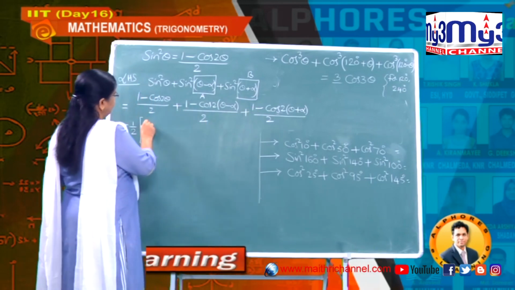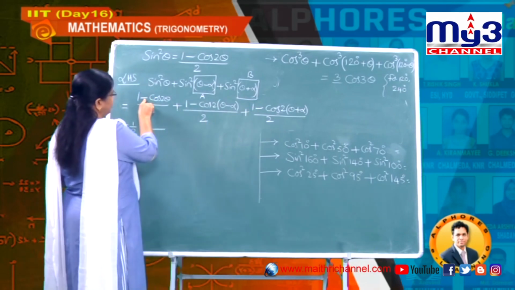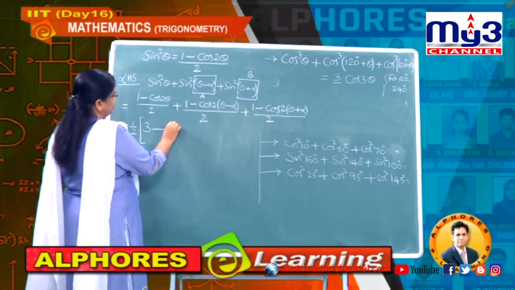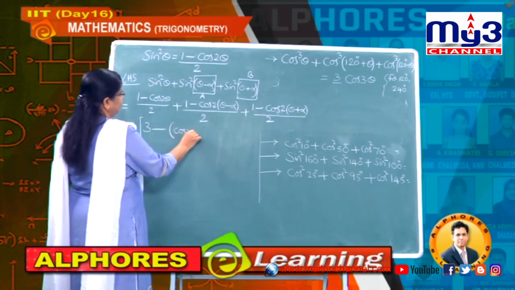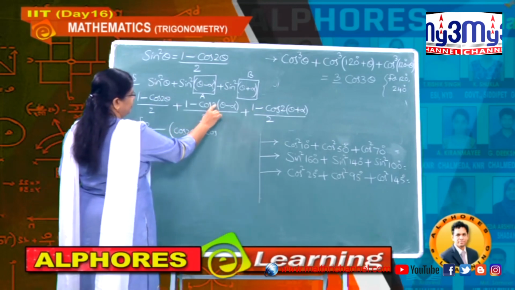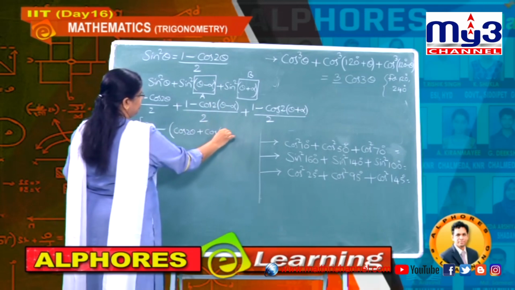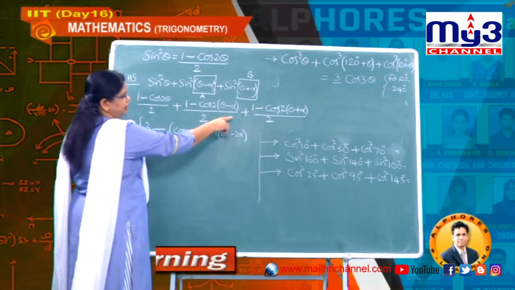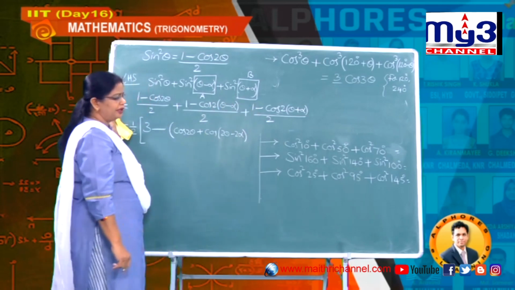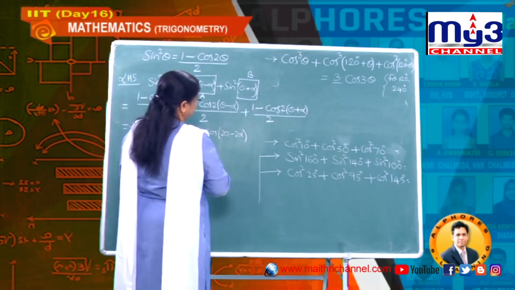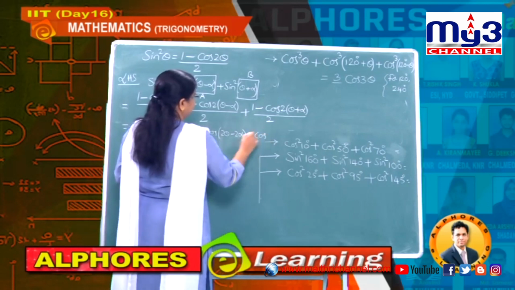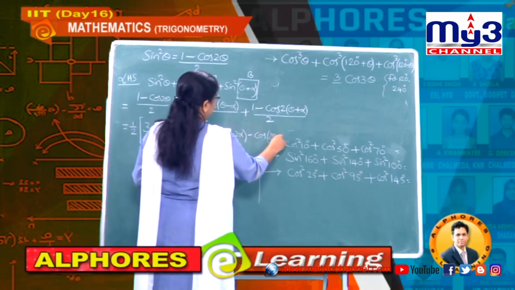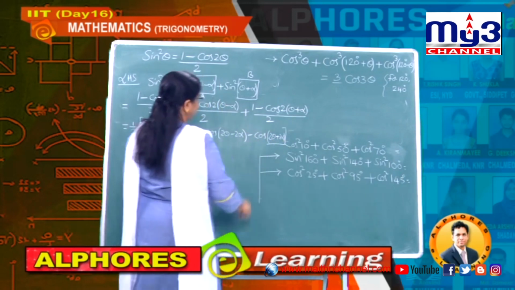Therefore, it will become 3 minus, taking the minus as common, of cos 2 theta plus cos of, you multiply inside, that is 2 theta minus 2 alpha, and the next value, minus cos of 2 theta plus 2 alpha. So this is the value you are having.